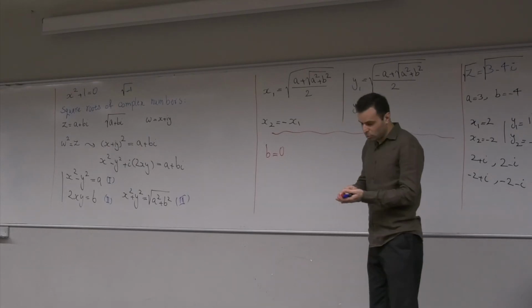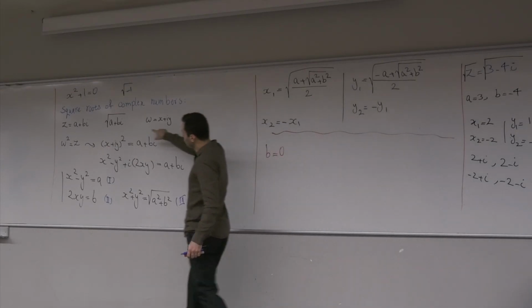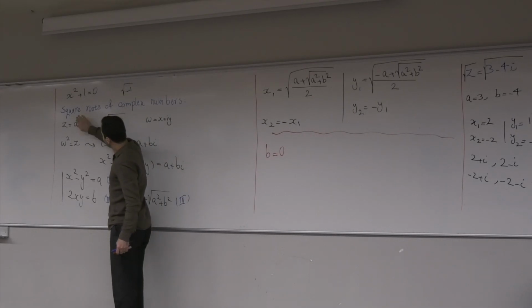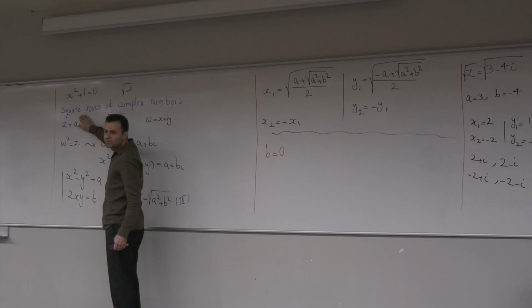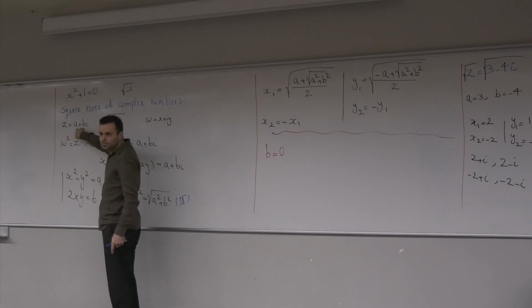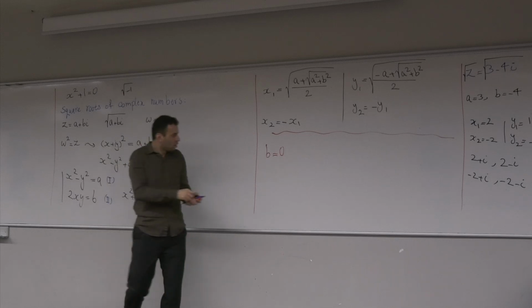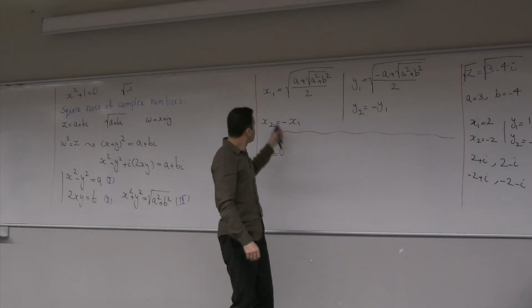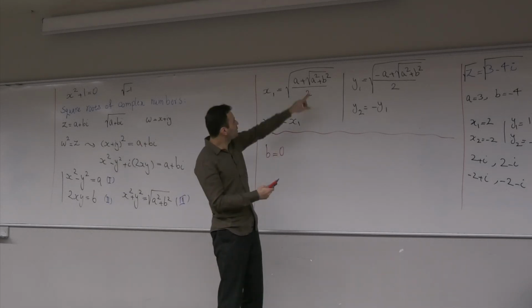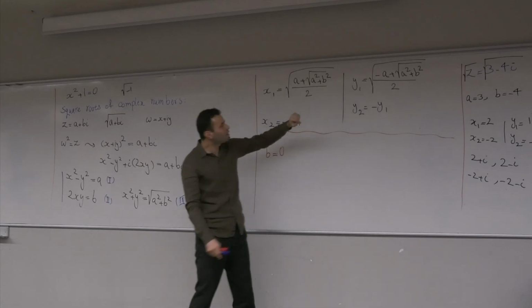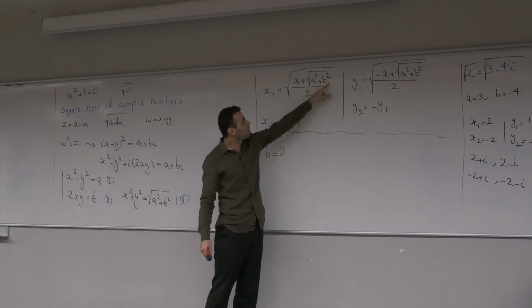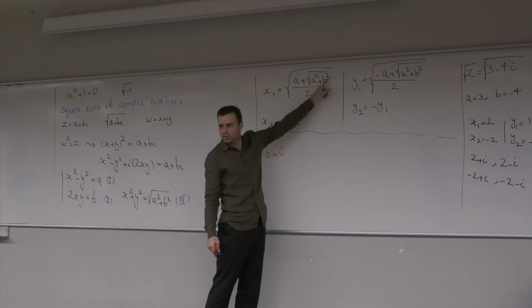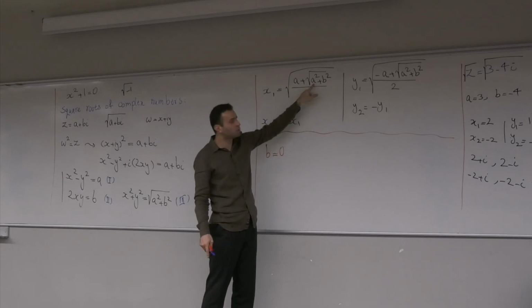When our b is equal to 0, look at this. What do we have? a plus 0 times i, or just a, which means that we are just calculating the complex square root of a real number, right? We need to select these values. If b is equal to 0, what will happen to this term? a squared plus b squared is going to be the square root of a squared, okay?